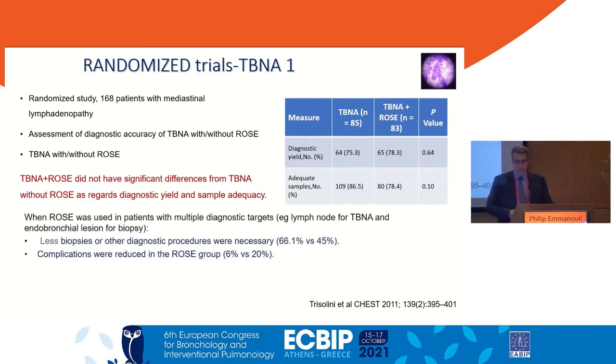No, the same study showed that if there were multiple targets, like lymph nodes and a lesion suitable for transbronchial biopsy, if we used ROSE, we were more confident with our material, and we were able to avoid biopsies or other diagnostic procedures in the same patient. So complications were reduced in the ROSE group.